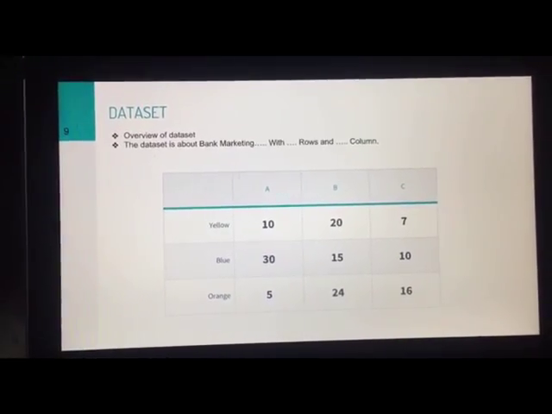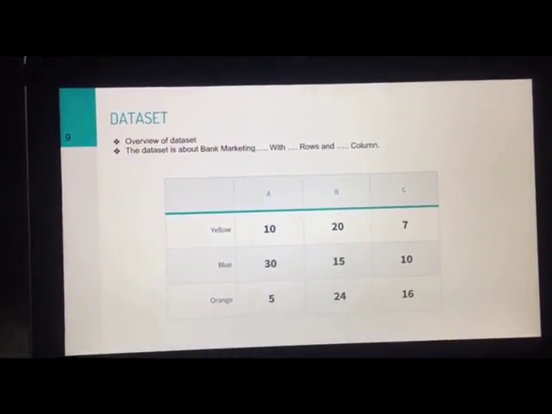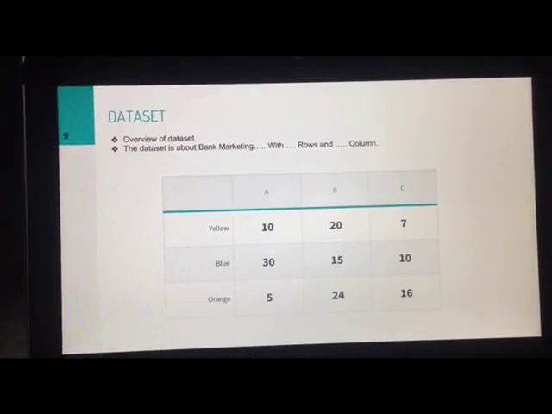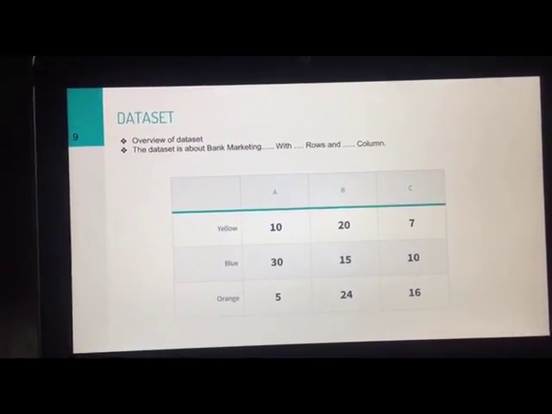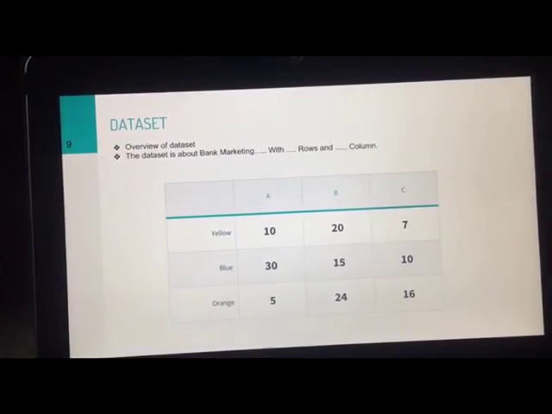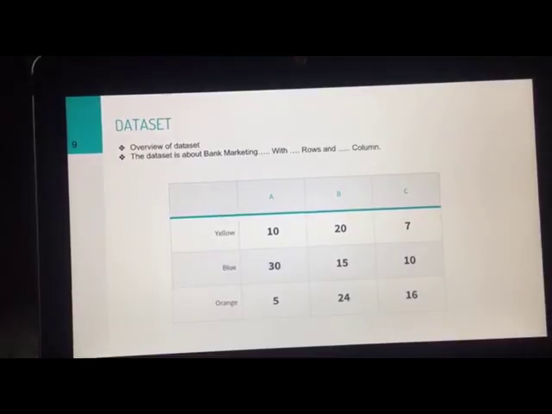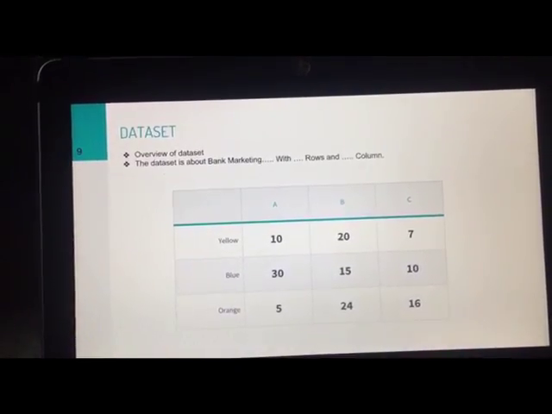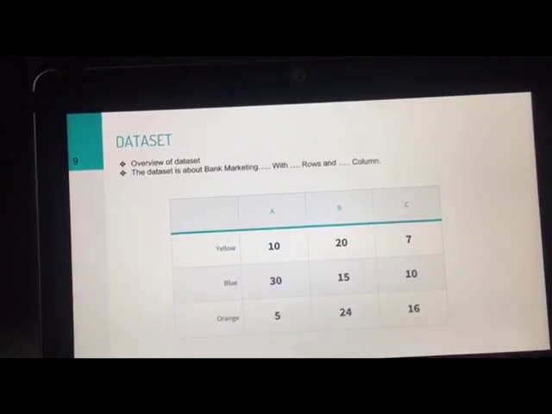For this part of the video, we're going to talk about the dataset. The dataset for our project contains 41,188 rows and 17 columns. There are 16 columns in the table that provide information about each client, for example, the age, marital status, the education level, and so forth.